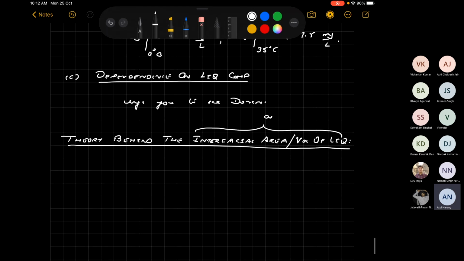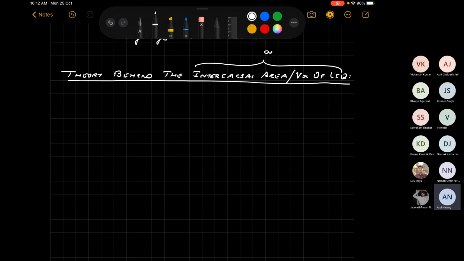And I want to see if I can cover this in a really simple way. The first thing I want to show is that this quantity A, which is defined as interfacial area per unit volume of liquid, right?